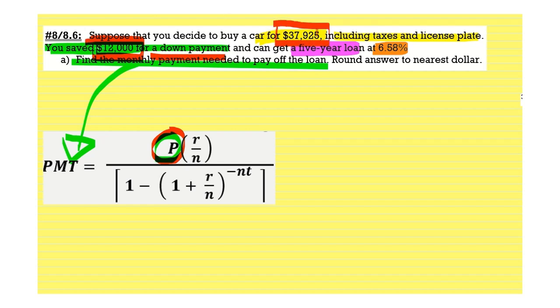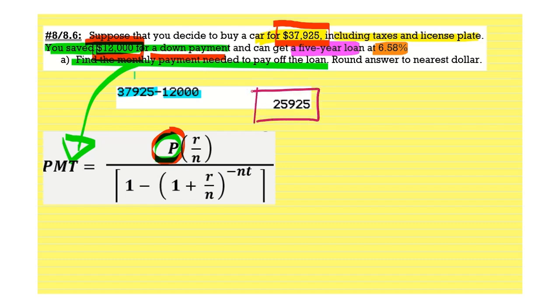The car is going to be 37,925, but I've already saved 12,000 for it, so I do not need to borrow the entire amount. So if I subtract the cost of my car, 37,925, subtract the $12,000 down payment, that gives me a loan amount of $25,925.